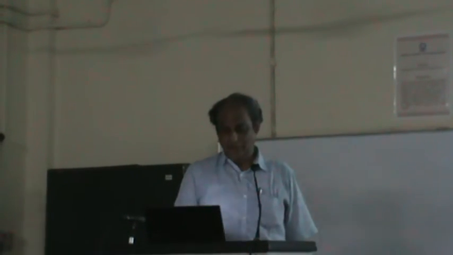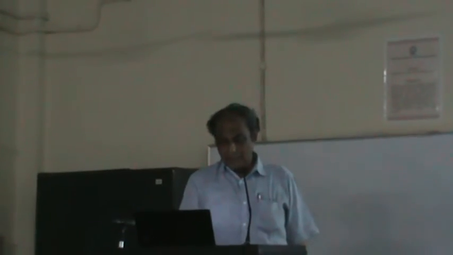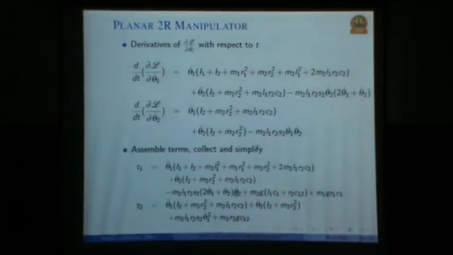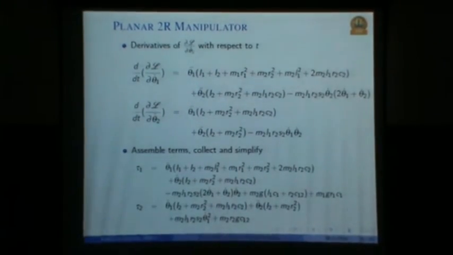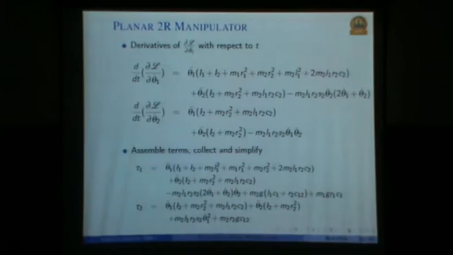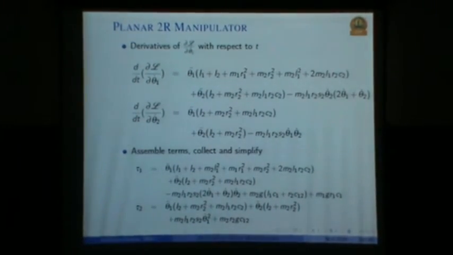These terms are called centripetal, theta dot square, and if you have theta 1 dot into theta 2 dot, that is called Coriolis. If you go back and remember, it is 2 omega cross v. One of the terms in an acceleration is omega square r, and the other term is 2 omega cross v. So that 2 is also here.